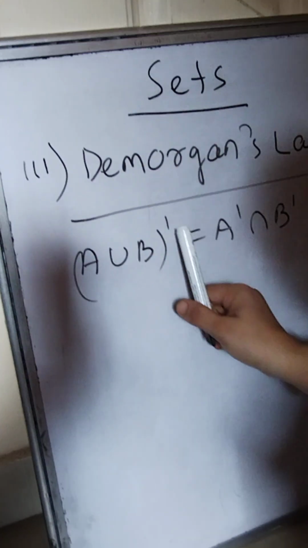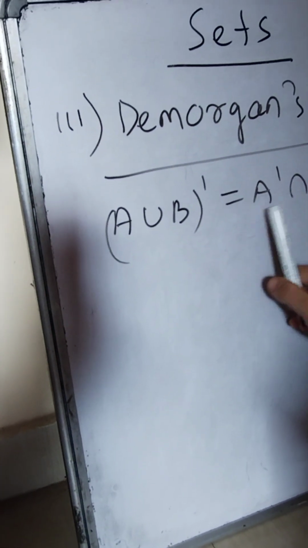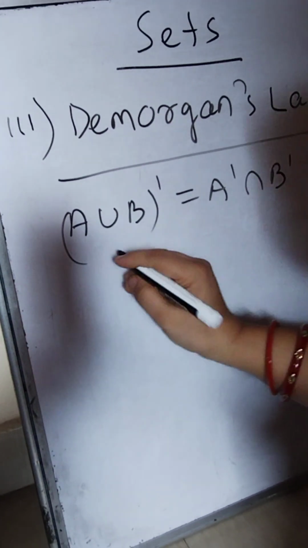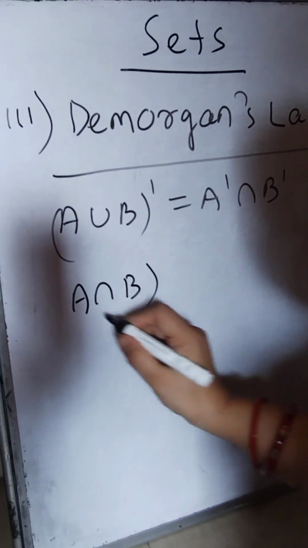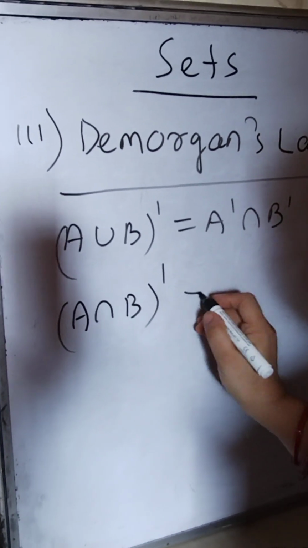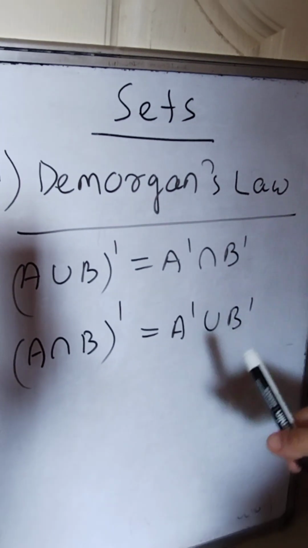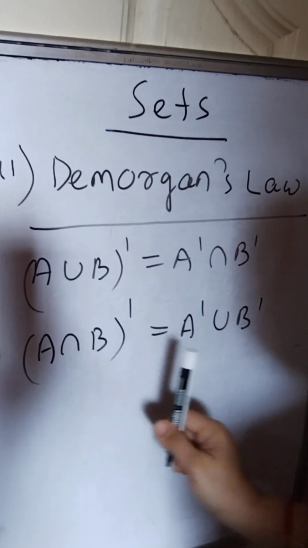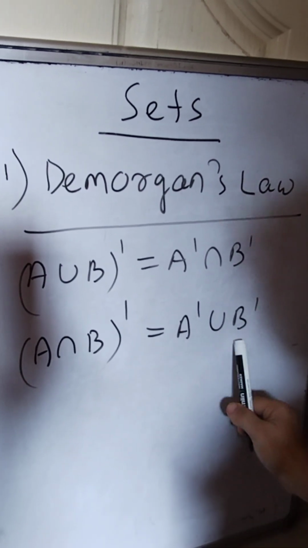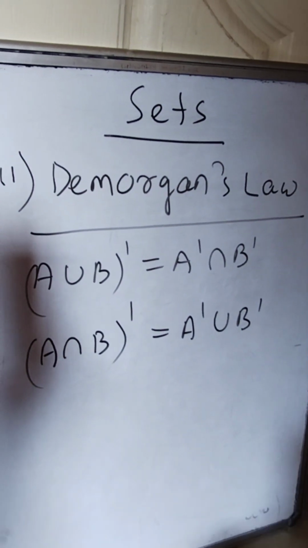Means complement of union of two sets is the intersection of their complements. This is the first De Morgan law. Another is, complement of intersection of two sets is A complement union B complement. In other words, complement of intersection of two sets is the union of their complements. This you can prove using Venn diagram.